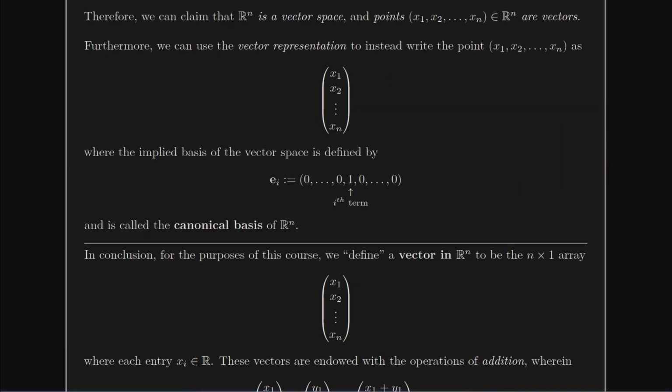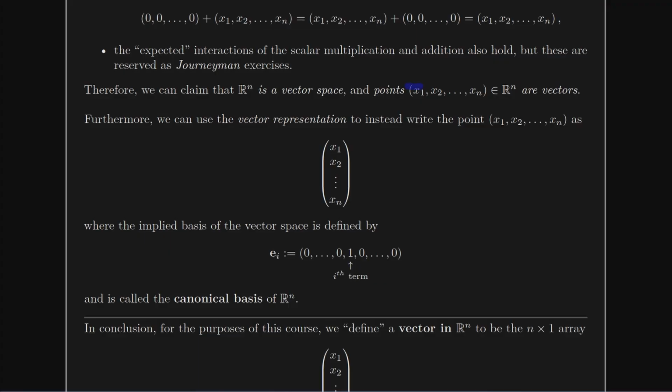So what I'm trying to emphasize here is that we're going to stop writing points as these parentheses with the variables separated by commas. We're going to start to represent points as single column arrays, and we're going to call those arrays vectors.